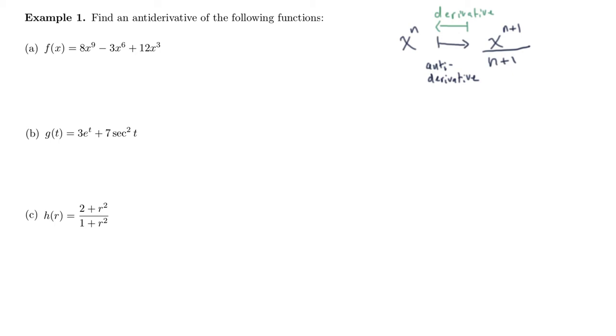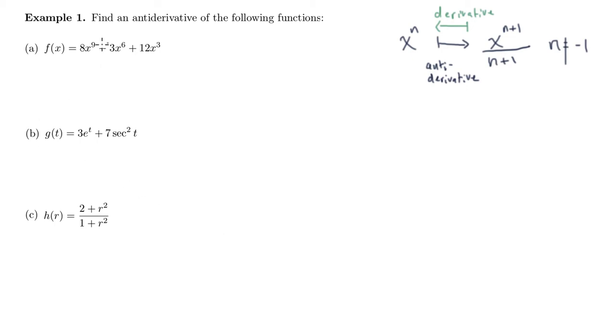Now this works for every power of x except one: when n is equal to -1. Because if n is -1, this process actually requires division by 0, since -1 plus 1 would be 0. So this is only true if n is not equal to -1.